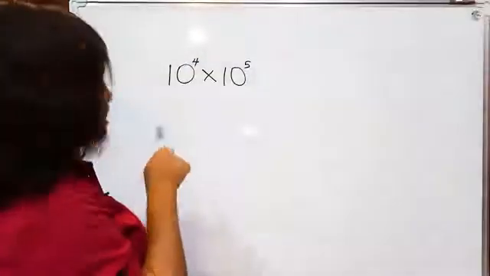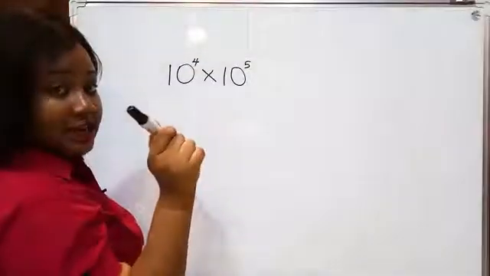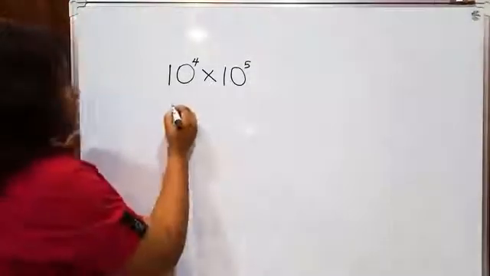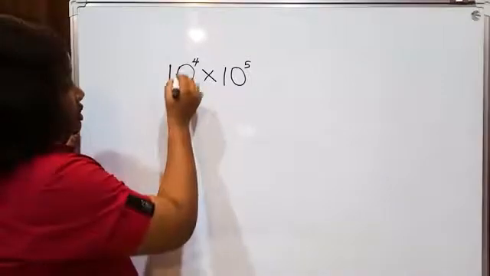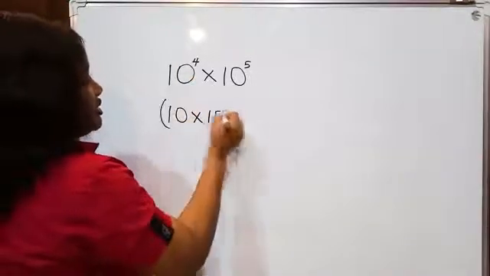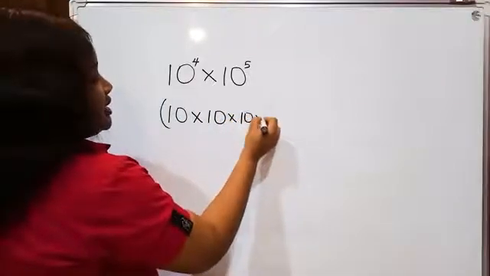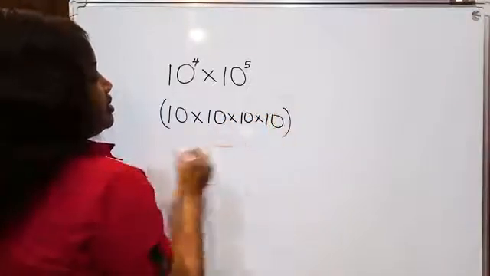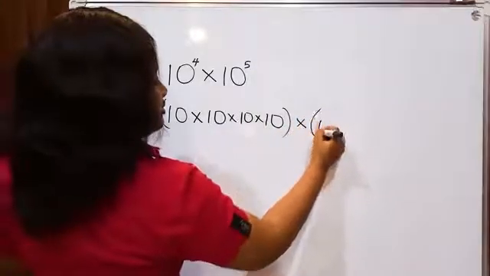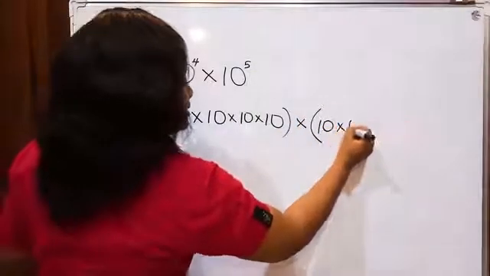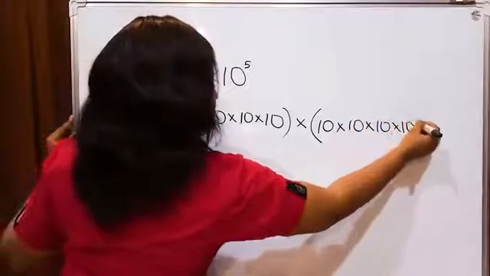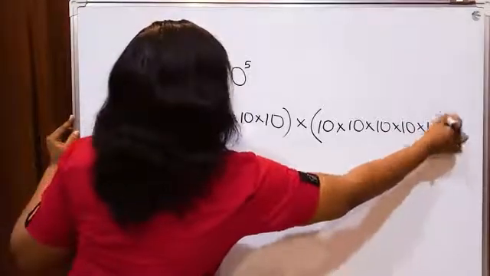Let's look at solving this. You have 10 raised to power 4 times 10 raised to power 5. Let's expand it and see what we get. We have, for 10 raised to power 4, 10 times 10 times 10 times 10, times, for 10 raised to power 5, 10 times 10 times 10 times 10 times 10.